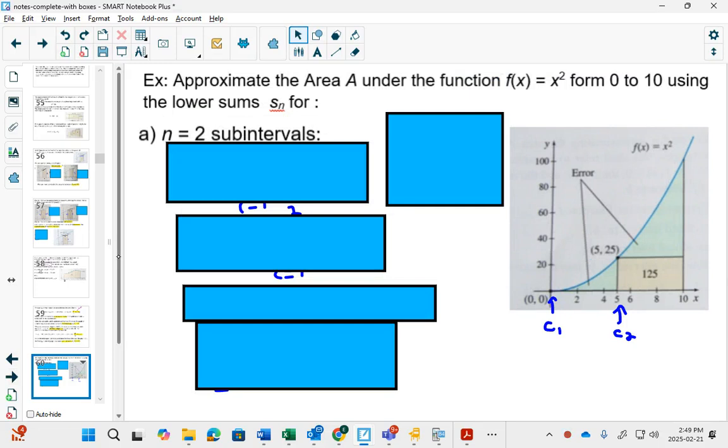Okay. So we're going to find the area under x squared. That's not something you have a formula for. And we're going to go from 0 to 10, and we're going to use lower sums.